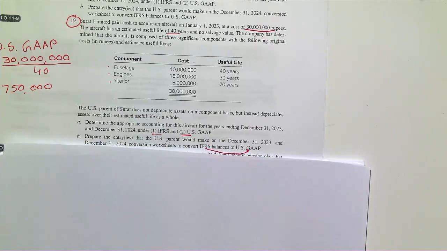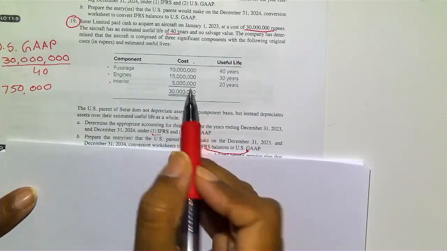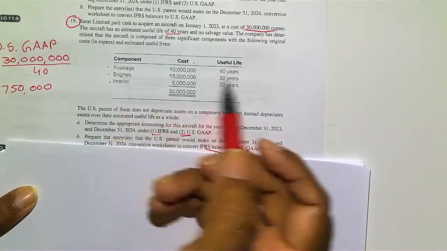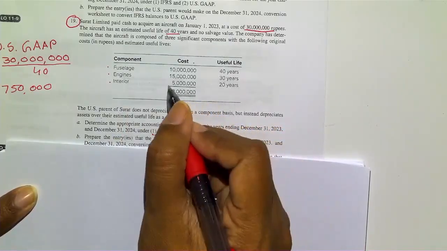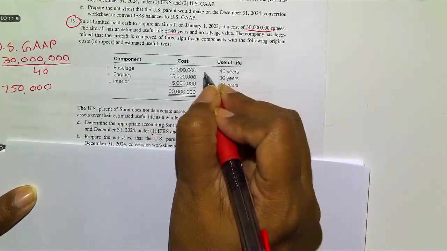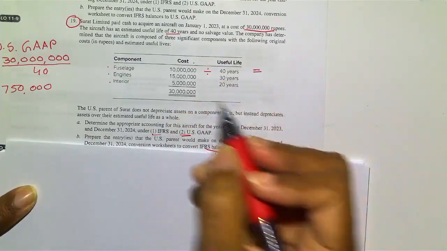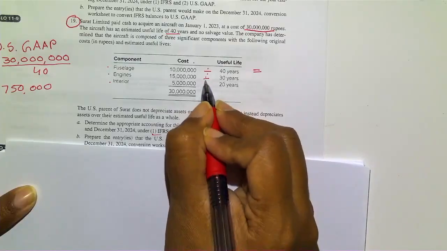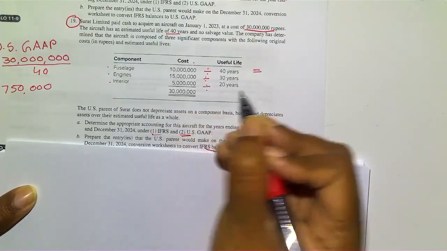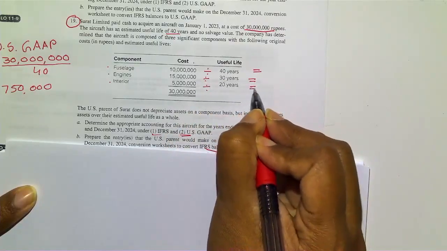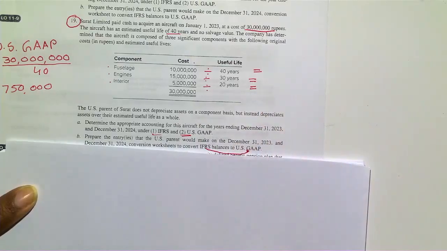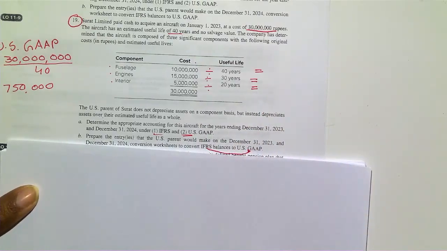How about IFRS? IFRS will do 3 separate depreciation. One is for fuselage. How do you do that? This is your cost, then you divide it by 40. This will be your fuselage depreciation. Then engine divided by 30, interior divided by 20, and you will get the 3 components separate numbers. Then we'll get the total.